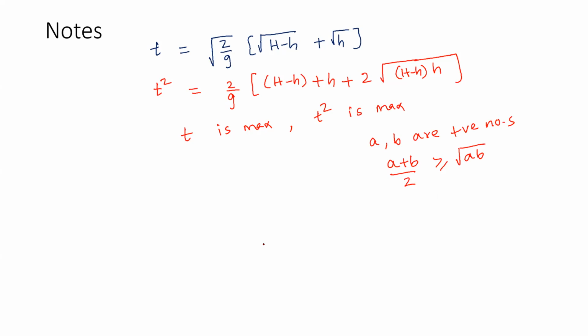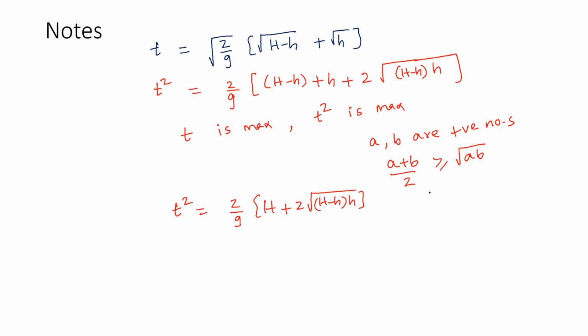If you look at how we wrote T square, T square is 2 by g into, luckily this minus h and then h disappears. So we have some constant plus this (H minus h) into h.